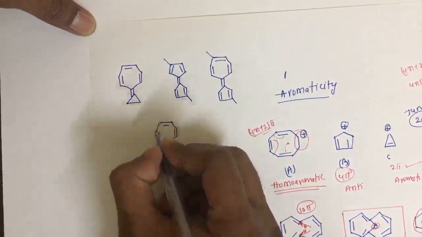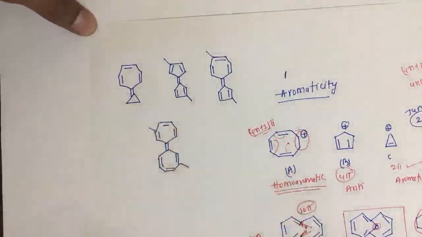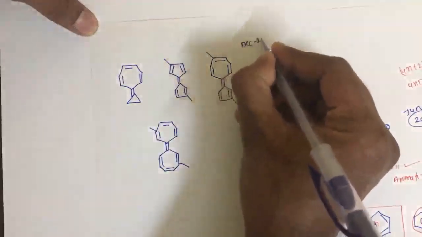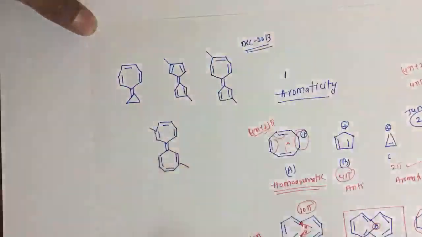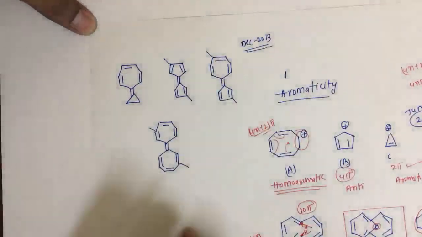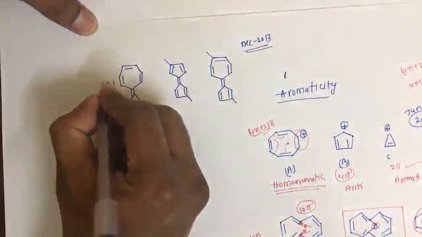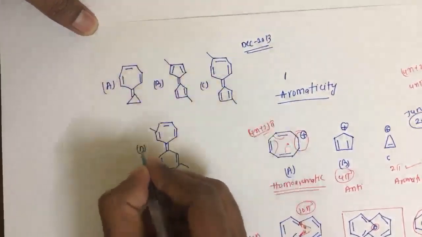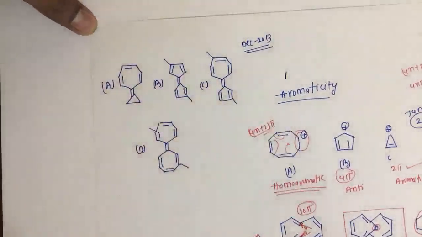So this question was asked in December 2013. The question is, among the following A, B, C, D, the lowest energy barrier for cis and trans isomerization is.